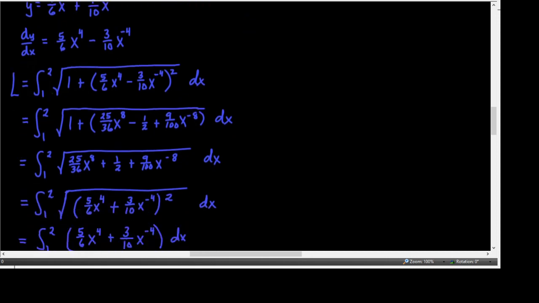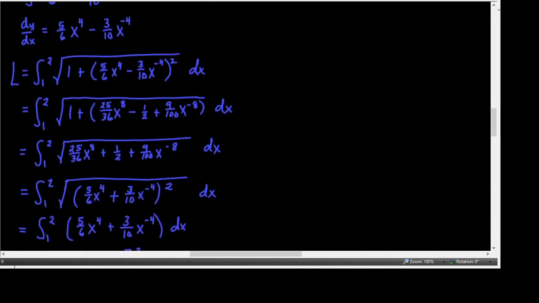So you may have something like that, but I'll tell you that a lot of these problems will be set up the integral, which at the first line where I wrote L equals, that was the setup. And if that's all I ask you to do is to set up the integral, then you're done.